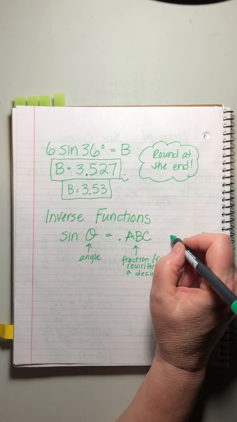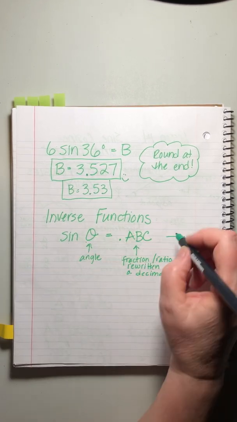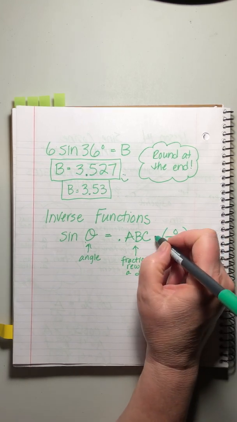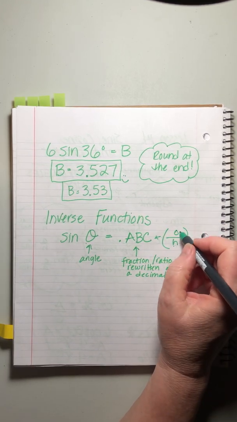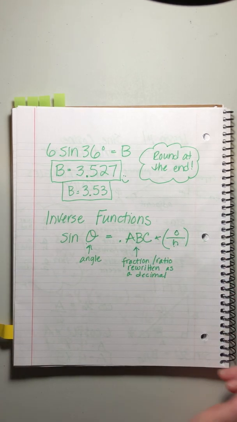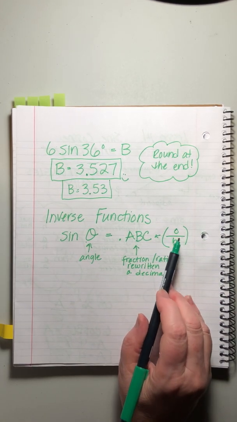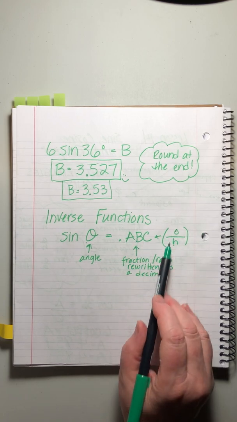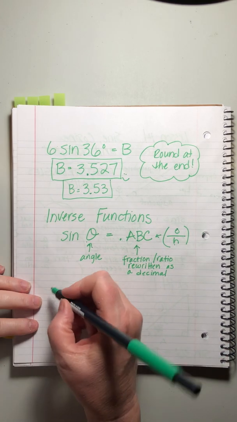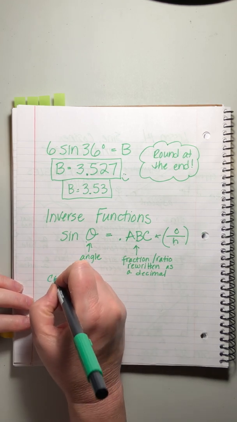You know how we started with, if it's sine, it would be Oscar Had. If we take those two numbers and divide them, then we'll end up with a decimal. So we can take those ratios that we're so familiar with and rewrite them as decimals if we have numbers for both of those.